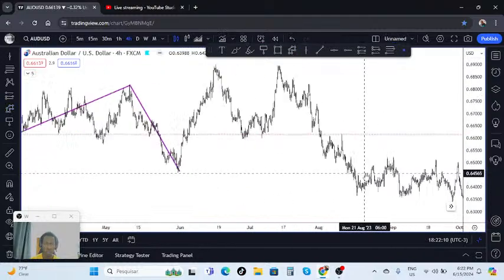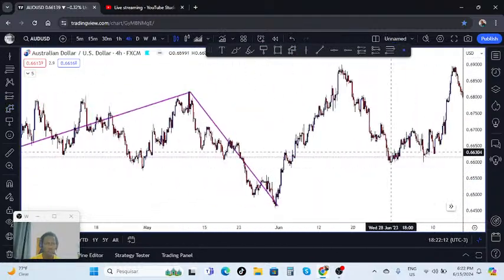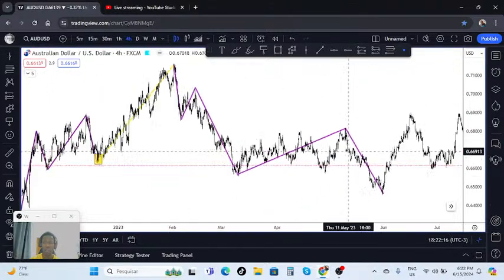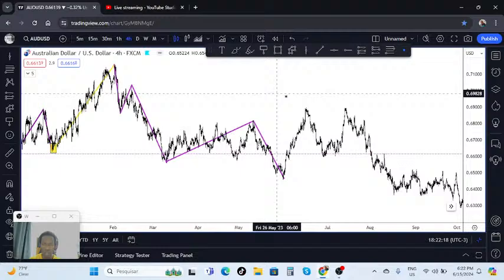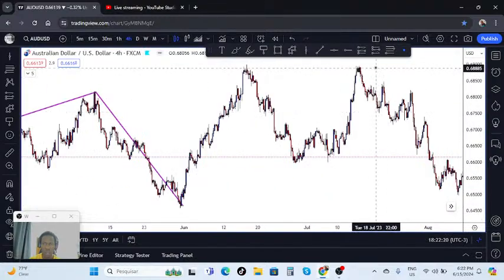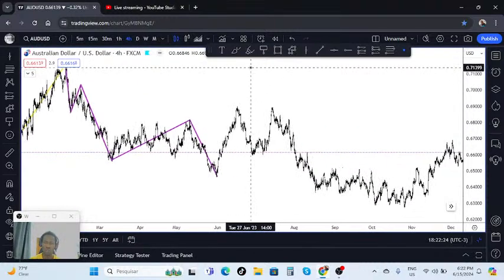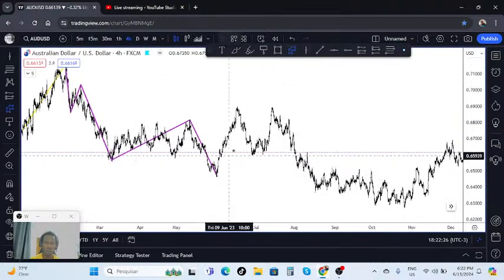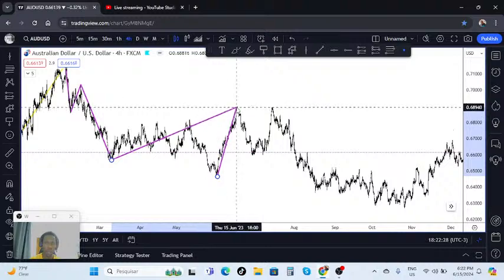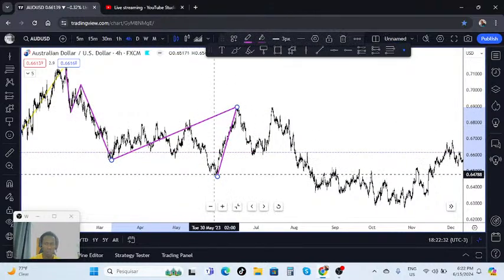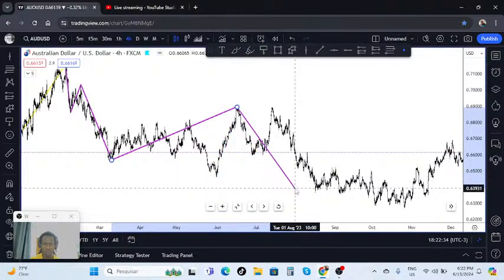That was a down market structure previously. Did the market make a new high here that is higher than this high? No. So the market structure still continues to the downside. So this goes like this. And we have a next extension leg.